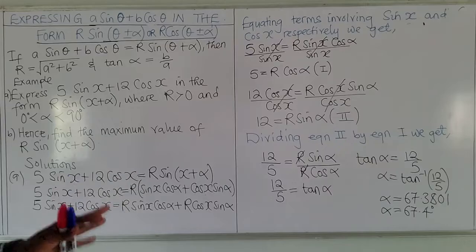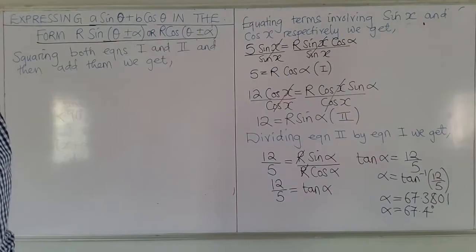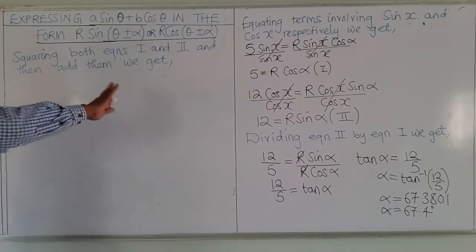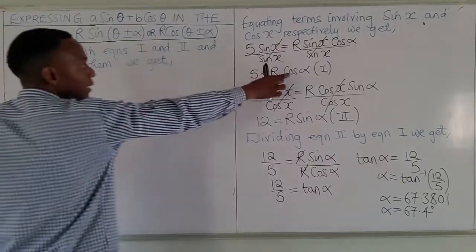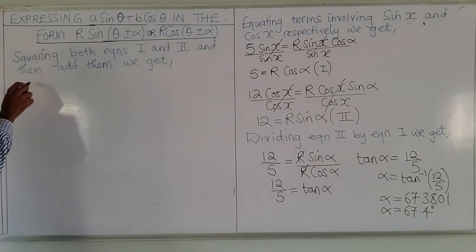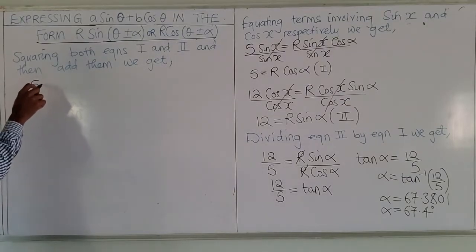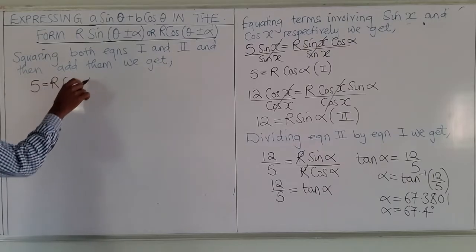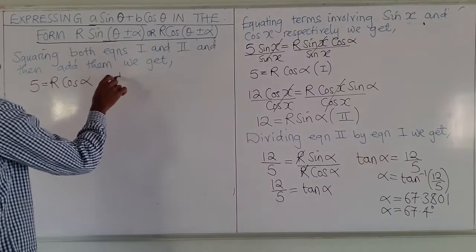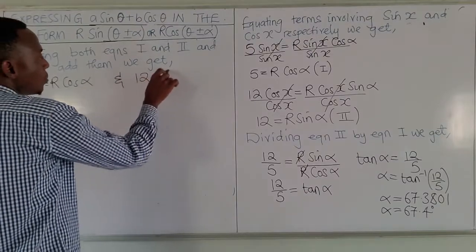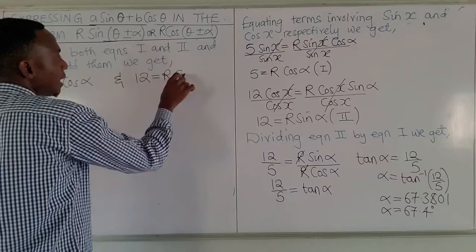So having done that, we square both equations, that is equation 1 which we have found here and equation 2. So let us square it. 5 is equal to r cos alpha, and also I've got another equation which is 12 is equal to r sine alpha.